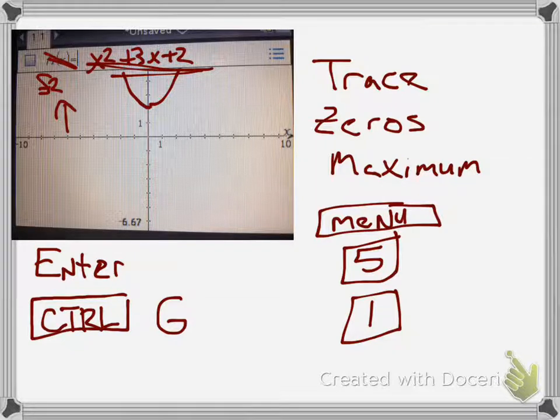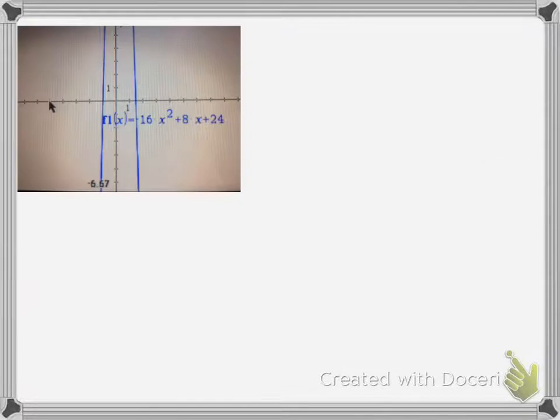Alright, so moving forward. We had a function like this at the end of the lesson that talked about a diver diving off a 24-foot platform. So he's jumping off, and we had this kind of graph.